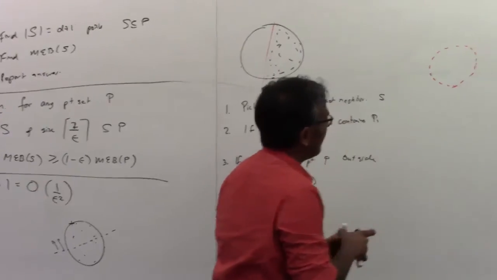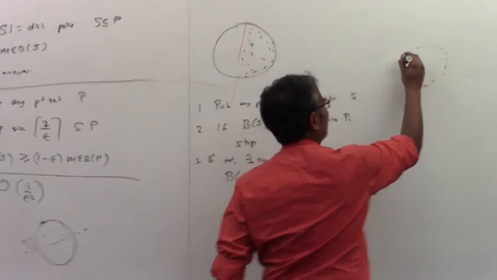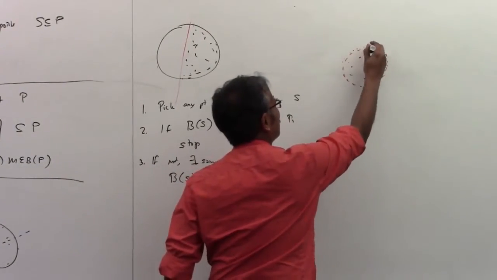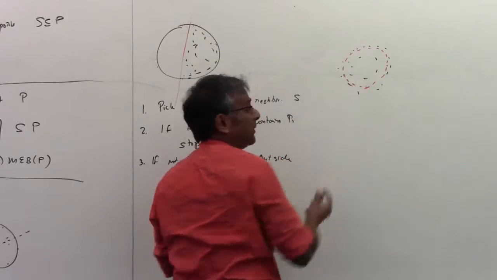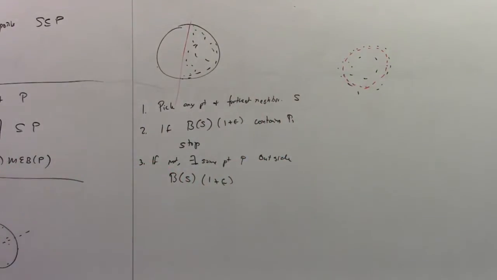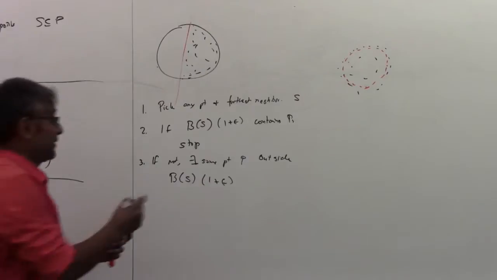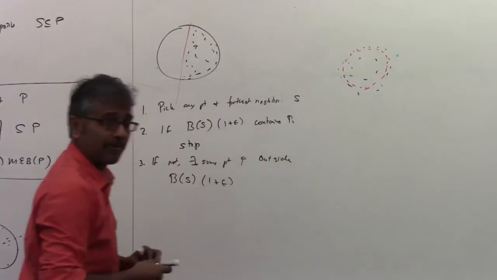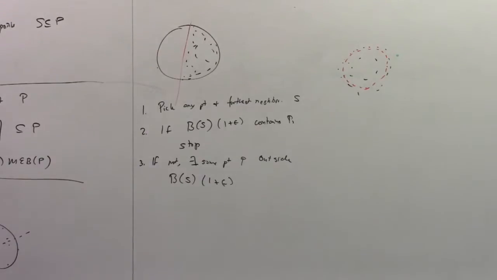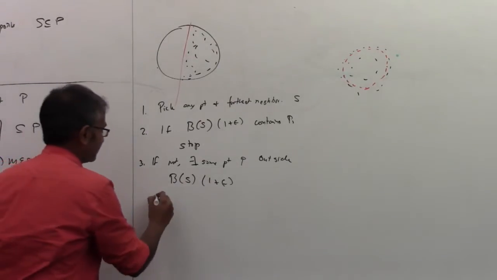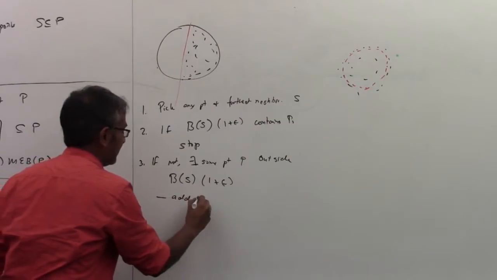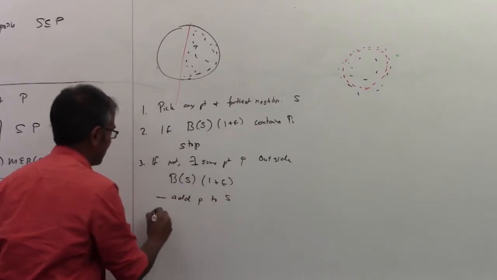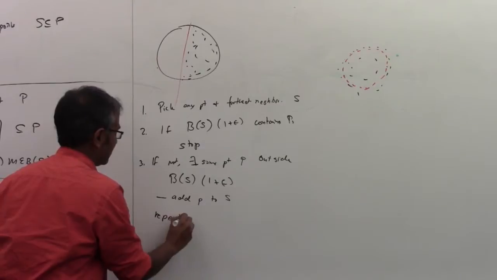If all your input points are kind of here, inside, maybe a little bit outside, then you're done. That's step 2. But if step 2 is not true, that means there's some point that's reasonably far away. Any point. And then add B to S and repeat.